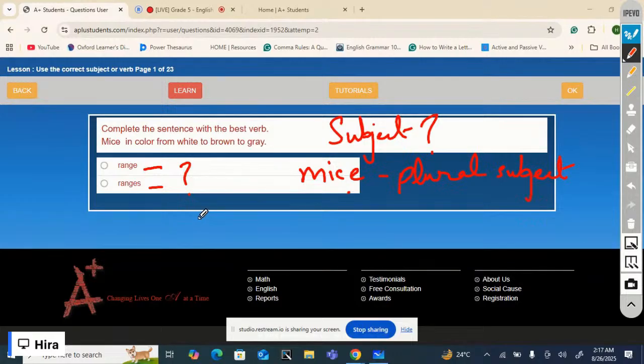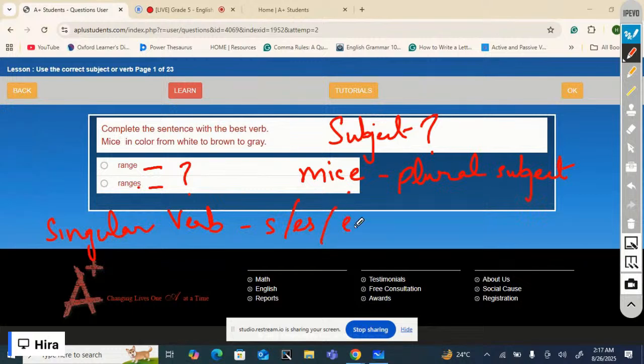The first one does not end in S or ES. The second one ends in S. Look at it, ranges. So, which verb ends in S? Singular verb.